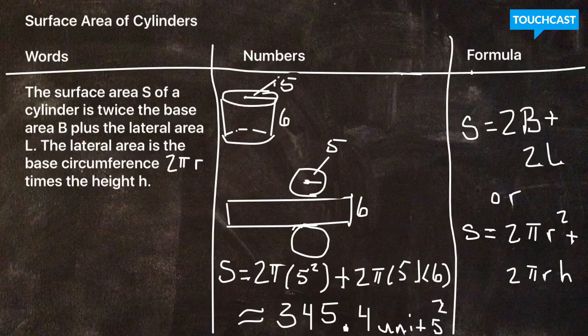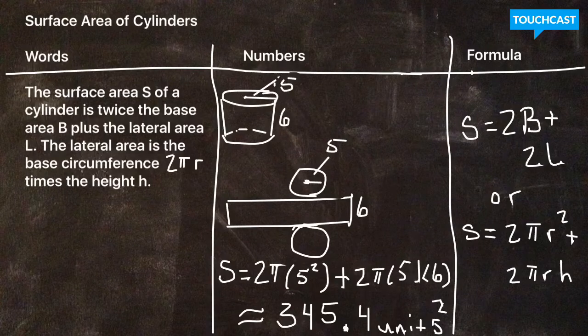To do that, we're going to first find the area of the bases. To find the area of one base, we would have to go pi times r squared. But there are two bases on a cylinder, so we have to multiply the area of one base by 2. Then we also have to find the lateral surface, or the lateral area.